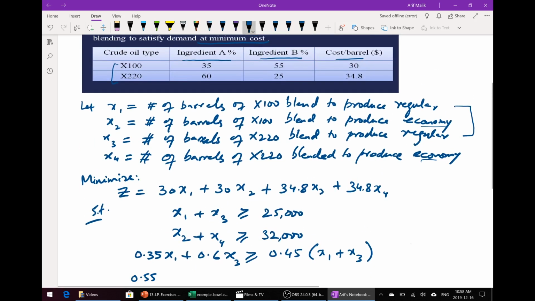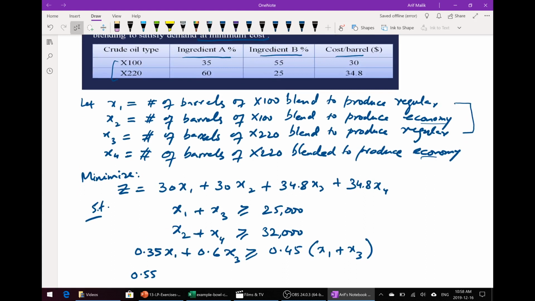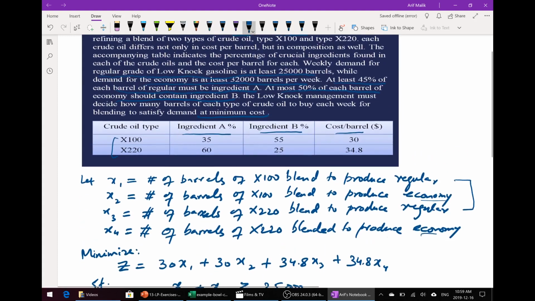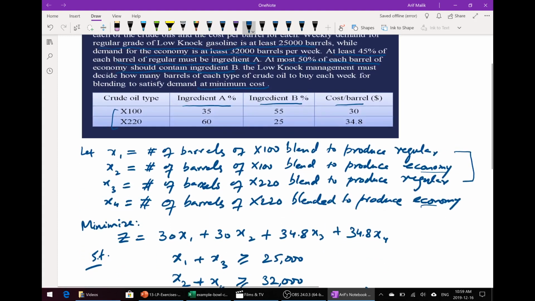So 0.55 X2 plus 0.25 X4 should be at most, so less or equal to, 50% of each barrel of economy.